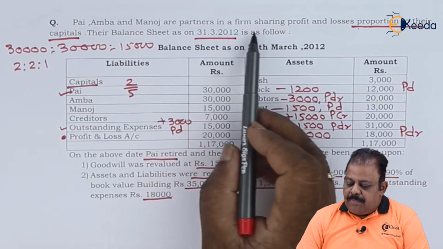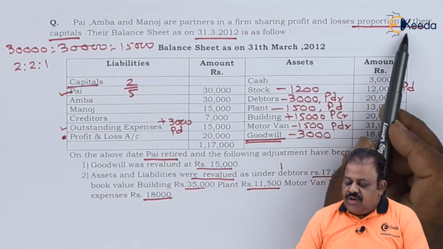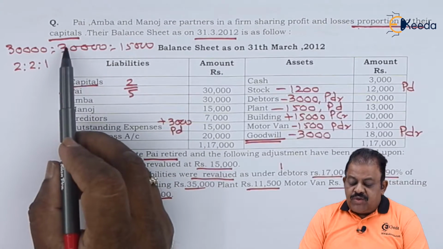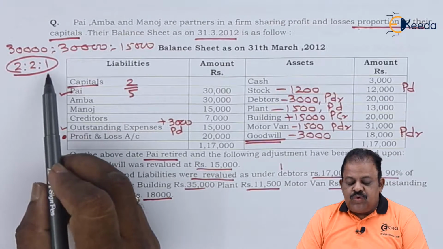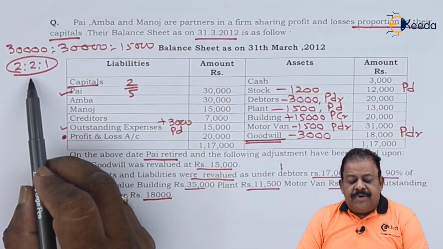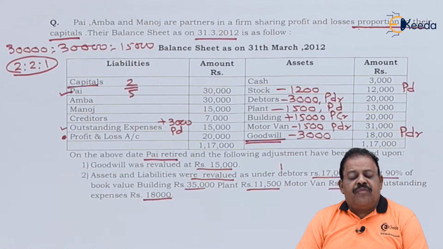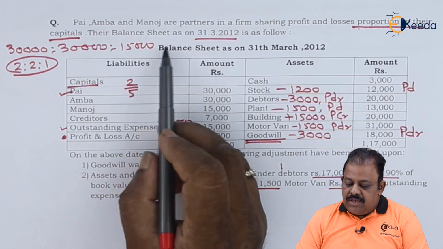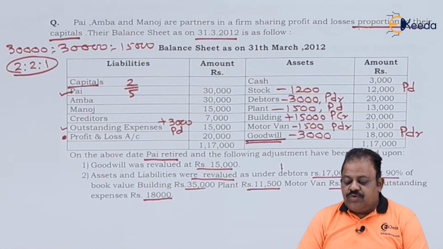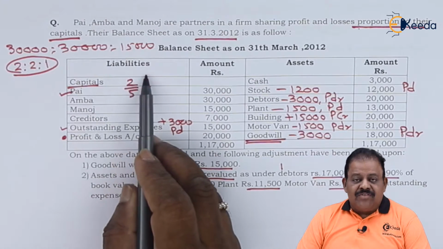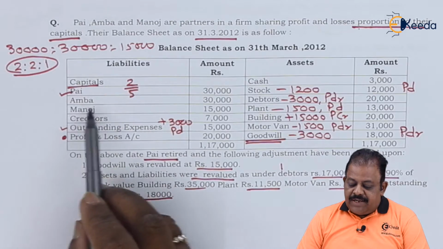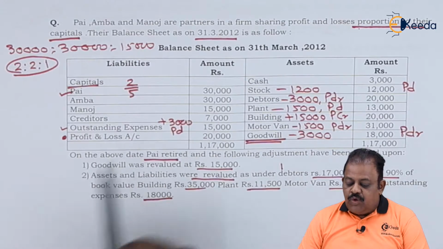Pai, Amba, Manoj are partners in a firm sharing profits and losses in proportion to their capitals. We have calculated that proportion as 2:2:1. This is the capital ratio and the same will be their profit sharing ratio. Their balance sheet as on 31st March 2012 is as follows. We will start with liabilities. We have capital of Pai, Amba, Manoj.